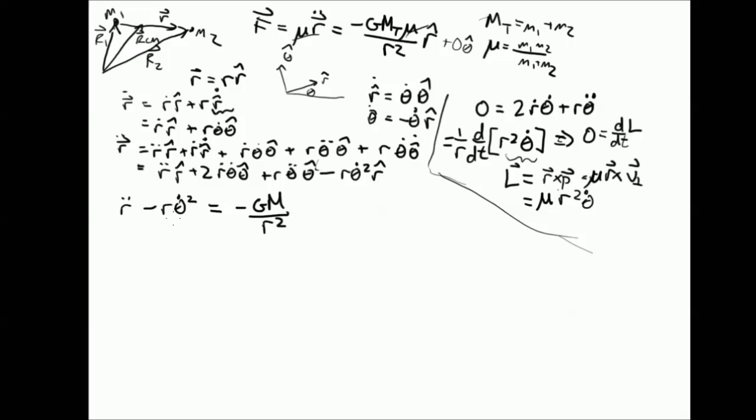And now I'm going to eliminate the theta dot in favor of L. So we get r double dot is equal to, so the theta dot squared, you multiply the top and bottom by r cubed, and then we get L squared over mu squared r cubed minus GM over r squared.